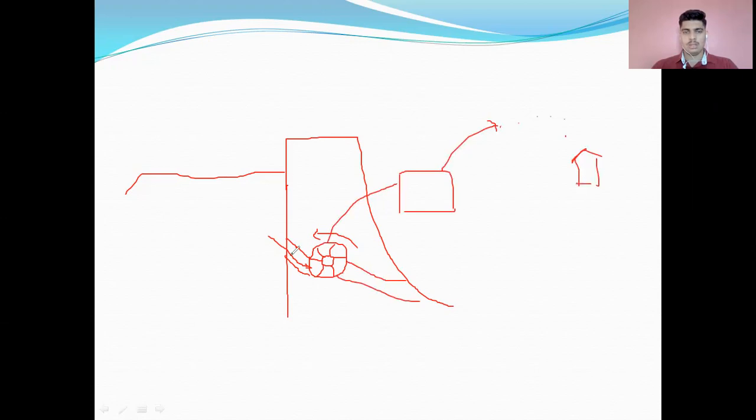This is how energy generation from water takes place.